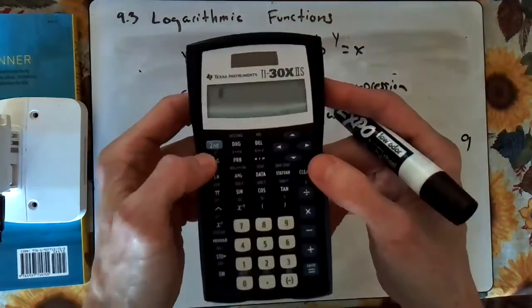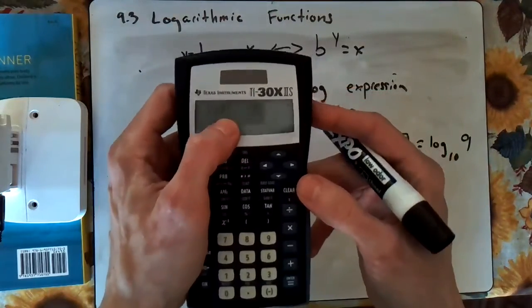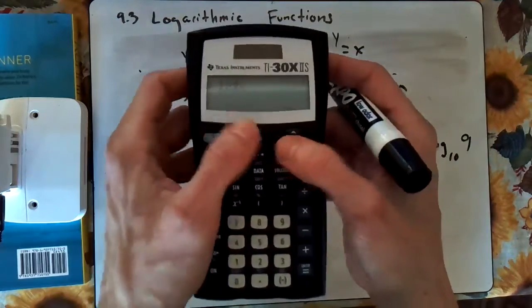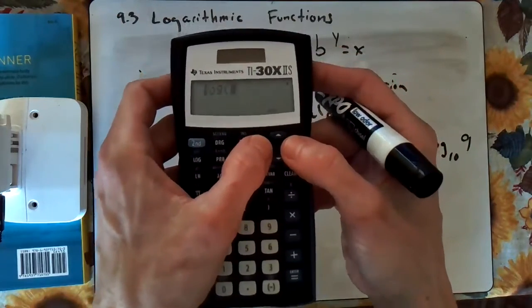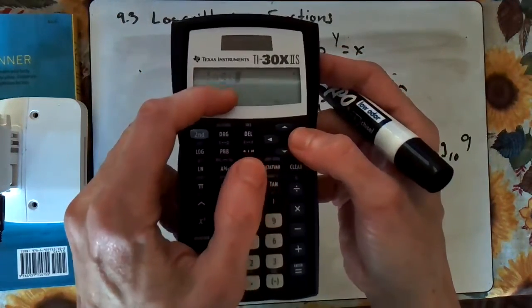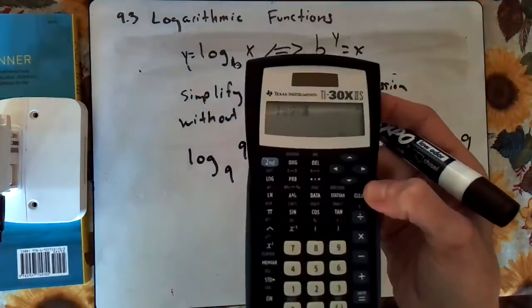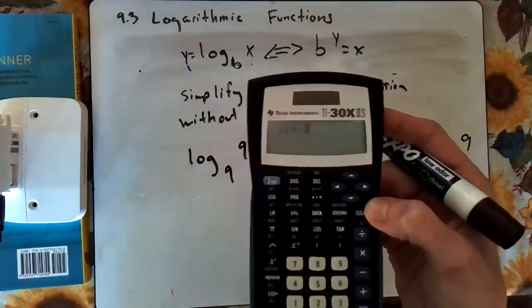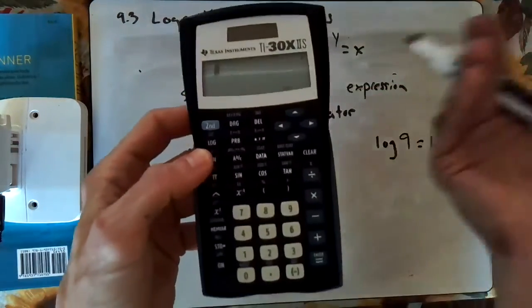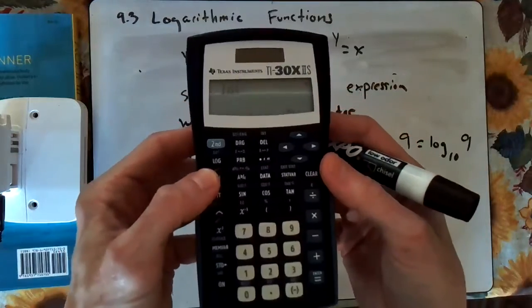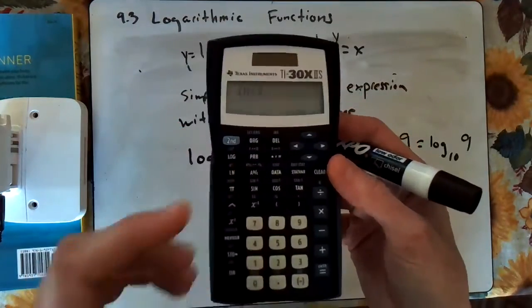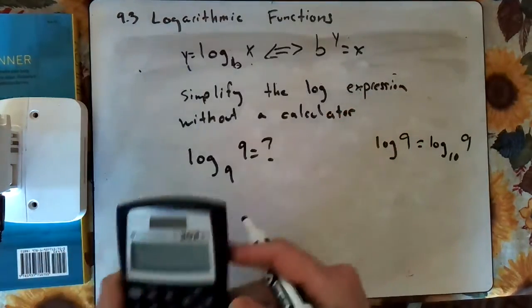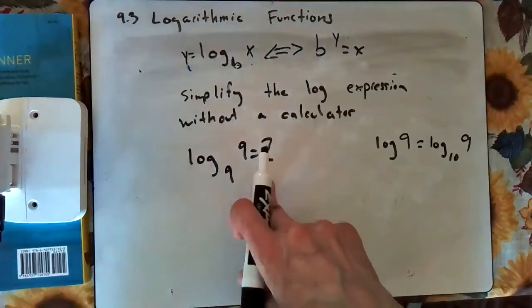So again, anytime you press the log button, it's base 10. And no, I can't move the cursor down here and change that to something else. So be very careful with that. The natural logs, yeah, if you have natural log of a number, sure, you can do that, because remember, natural log always has a base of e. But in this case, we're trying to work this out without a calculator.